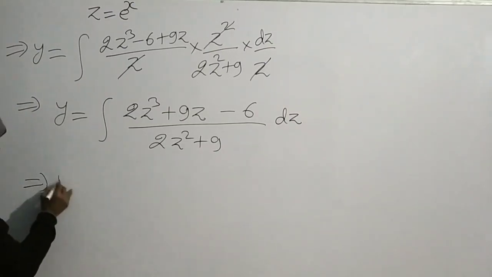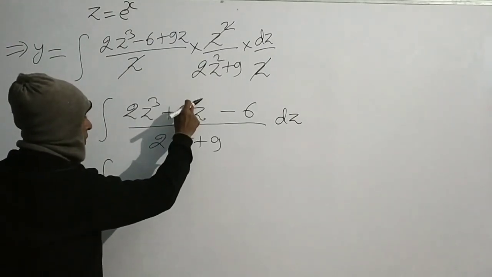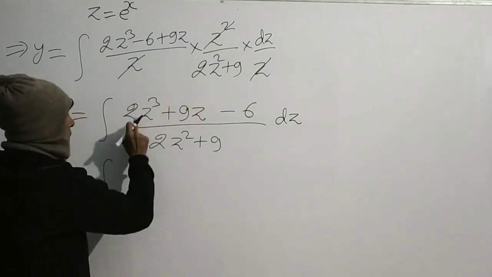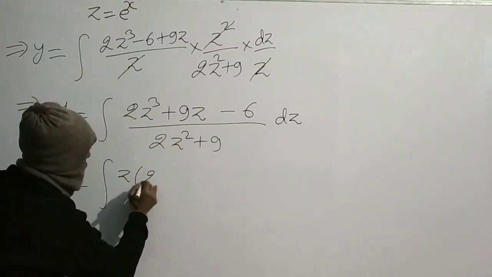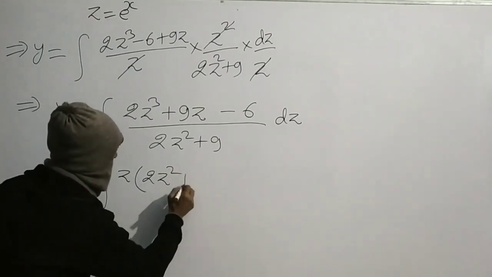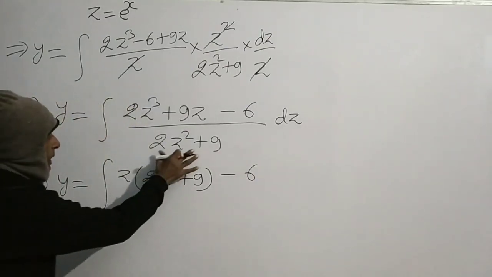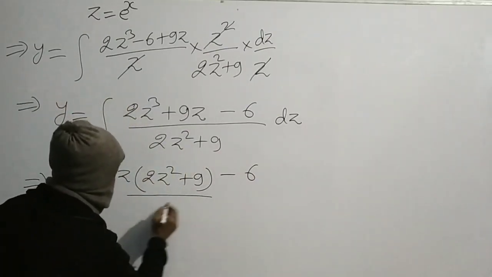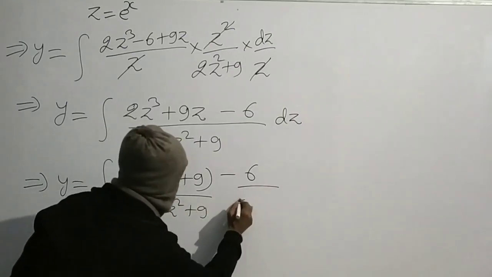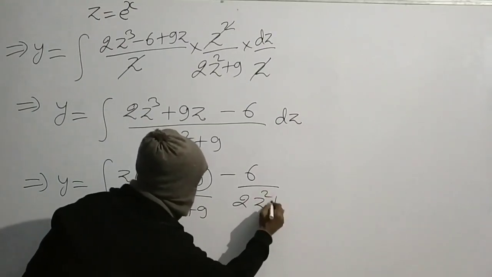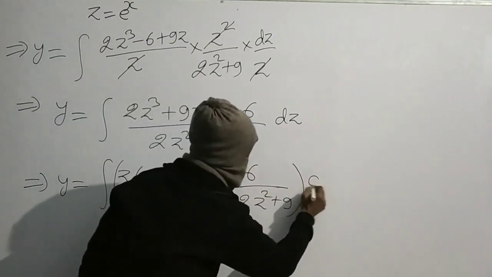We can take z as common from these two terms: z times (2z squared plus 9) minus 6, divided by 2z squared plus 9, dz.